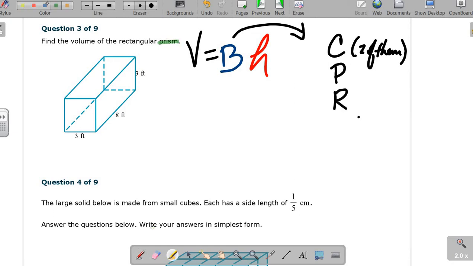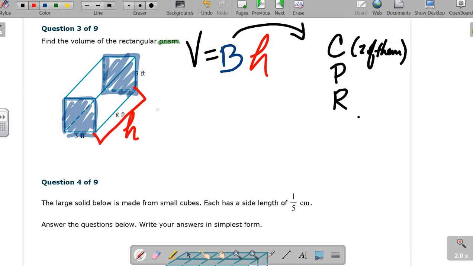So in this shape, your bases, because there's only two of them, would be the front and back square, which would make the height the distance between the bases. So our base is going to be 3 times 3 times your height, which is 8.